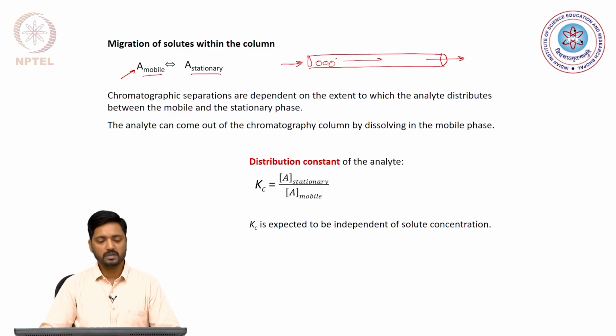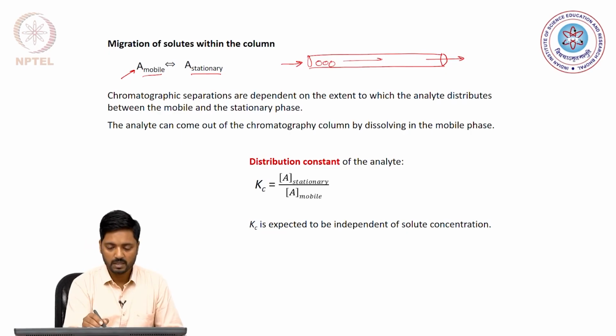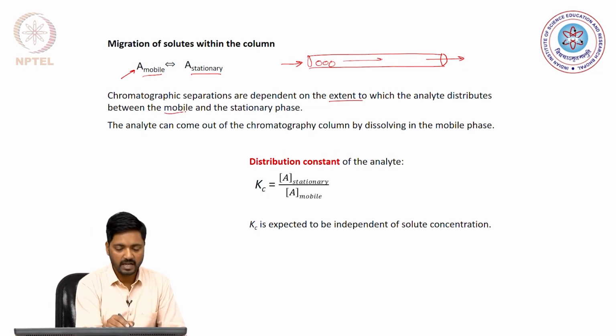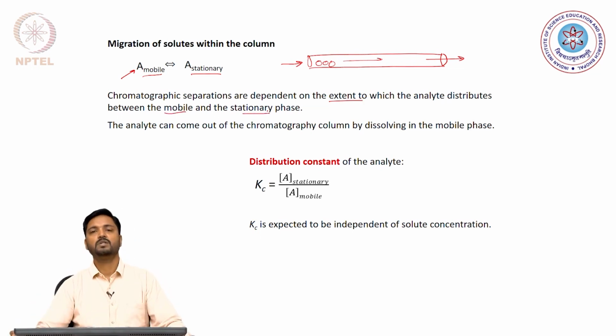So, chromatographic separations in a nutshell depend upon the extent to which the analyte distributes between the mobile phase and the stationary phase. For example, if an analyte is spending more time in the mobile phase, then it will elute out fast.